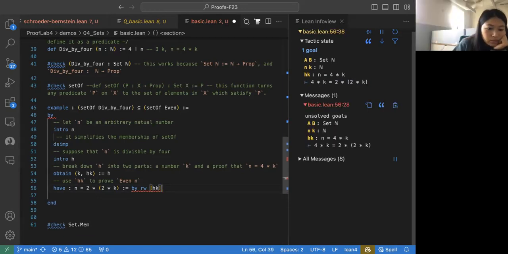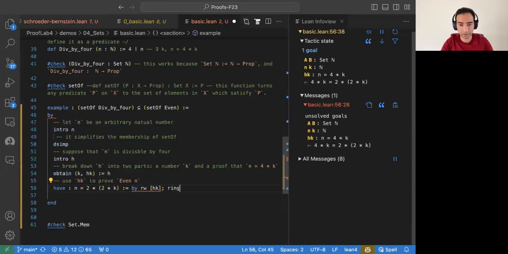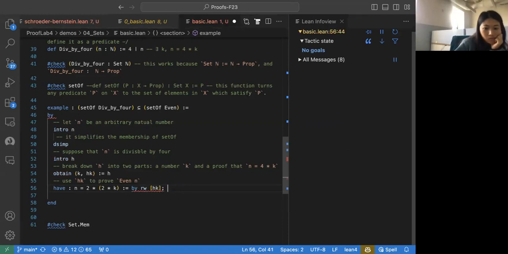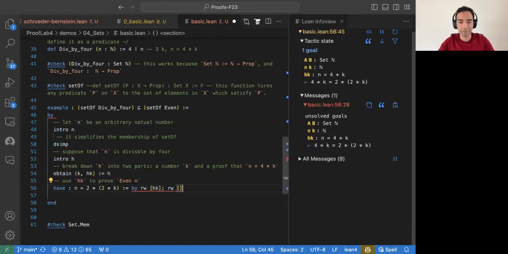Did you say like by ring? And now we can do, exactly, we can do by ring. Or that is maybe quite a big sledgehammer, you know. Maybe we can do by maybe associativity of multiplication, right?